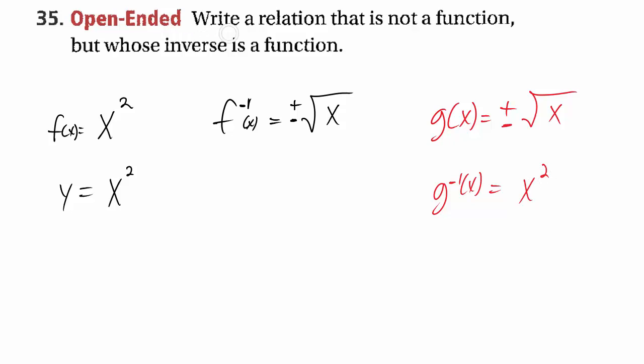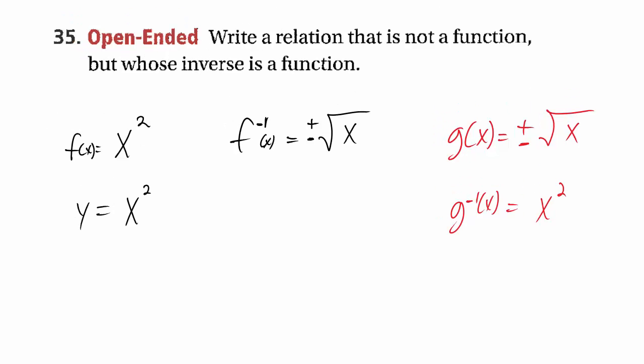This is an example where the original relation is not a function, but the inverse is. And if you wanted other examples, you could have really any even root. So like if I did x to the fourth, the inverse would be plus or minus the fourth root of x.